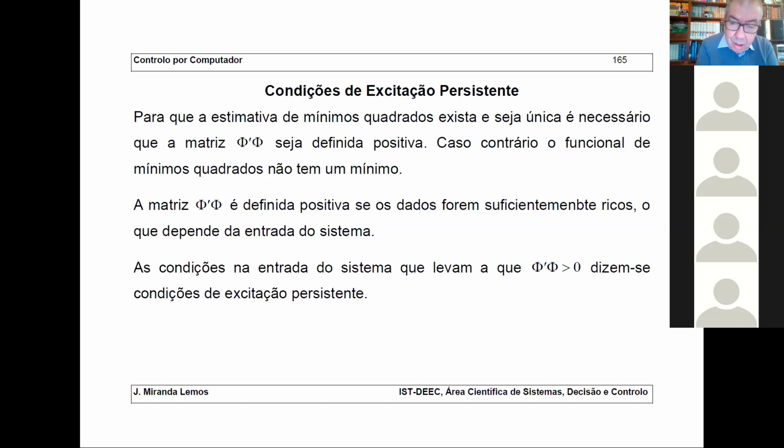When the step is applied, that's right, when it changes from 0 to 1, but then it stays at 1, you see? So after that there is a transient, but that's it. And then it stays constant. You are exciting the system with a constant after a while, okay? So that's a very poor excitation.